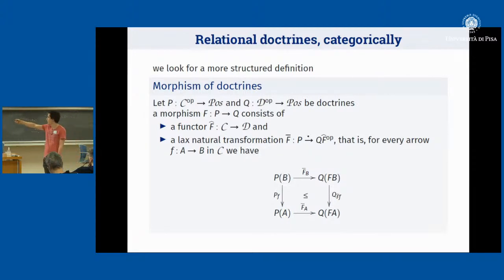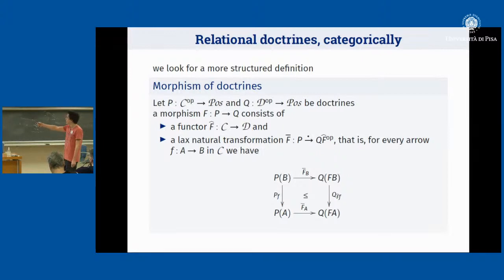So it goes from P of X to Q of F of X, basically. And we require this to be lax natural. This is something, for those of you who are used to working with doctrines, which is a bit unusual, because usually the second component is a strict natural transformation. But here we really need lax naturality, and I think we will see at some point the reason why.